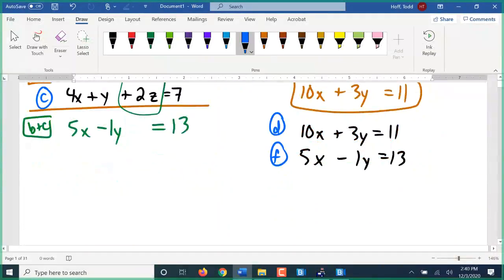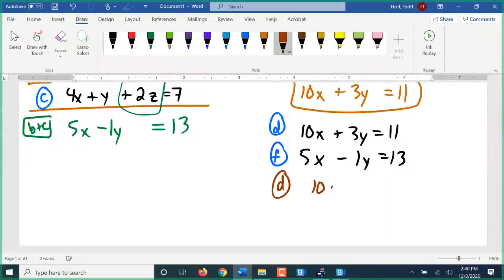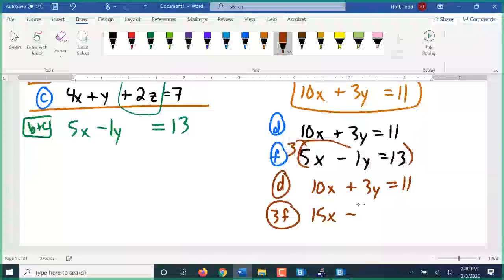And what I'm going to do, I'm going to leave equation D as it is, but I'm going to take equation E and multiply by 3. The reason for that, 3 times negative 1y will be a negative 3y, and that's going to make it cancel out. So 3 times E, well, 3 times 5x is 15x. 3 times negative 1y is negative 3y, equals 3 times 13 is 39.